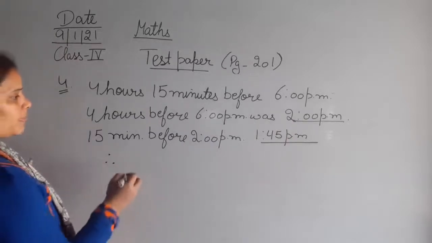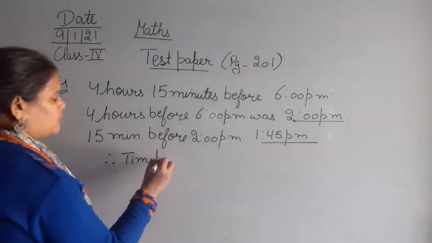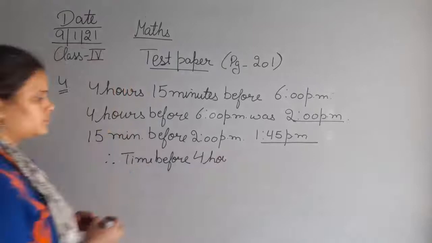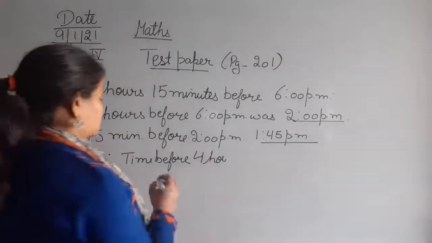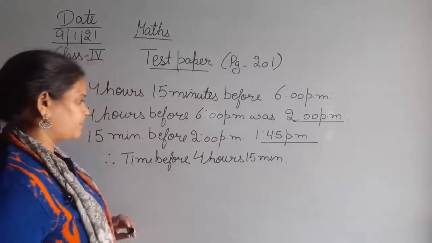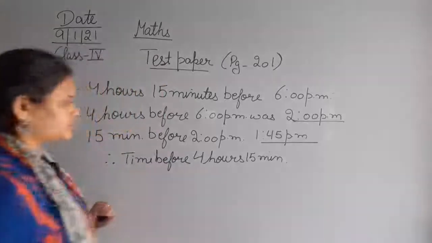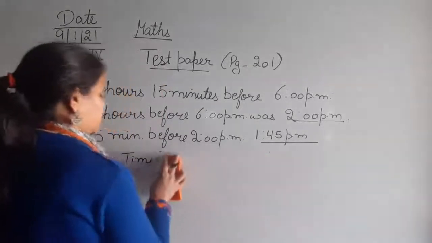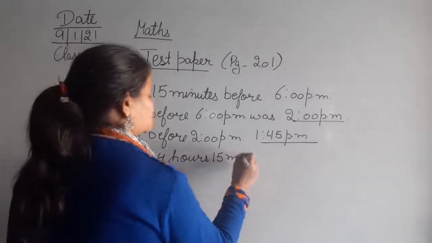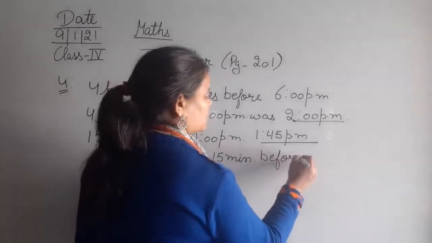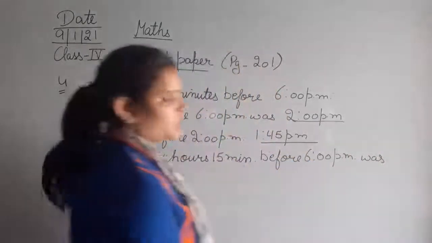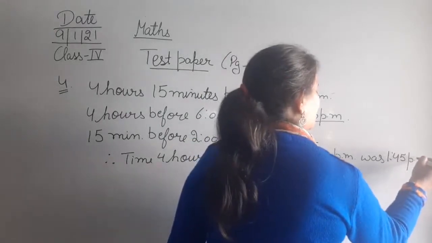Therefore, time before 4 hours 15 minutes, time 4 hours 15 minutes before 6 PM was 1:45 PM.